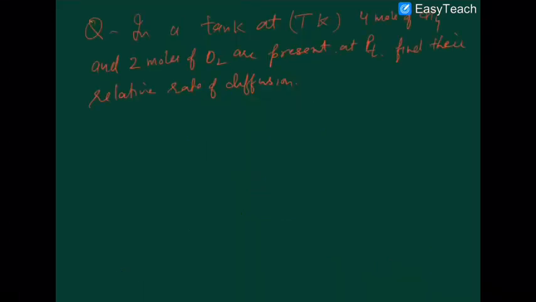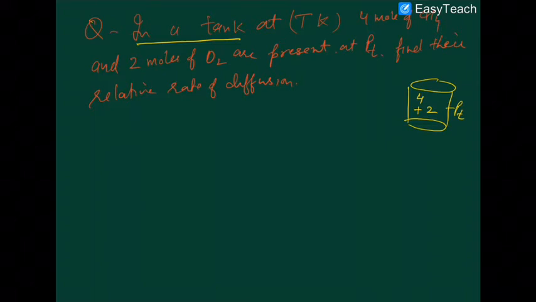Now let's look at one question. In a tank at total pressure PT, there are 4 moles of methane and 2 moles of oxygen gas. Since the number of moles of both the gases is different, the partial pressure of each gas is different.